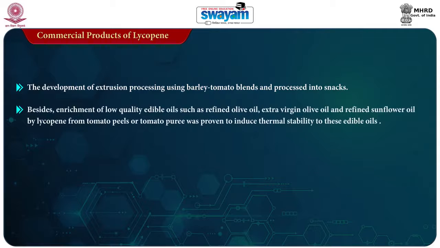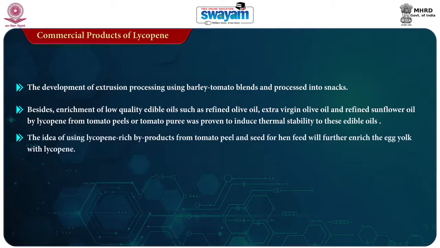Besides, the enrichment of low quality edible oils such as refined olive oil, extra virgin olive oil and refined sunflower oil with lycopene from tomato peels or tomato puree was proven to induce thermal stability in these edible oils.